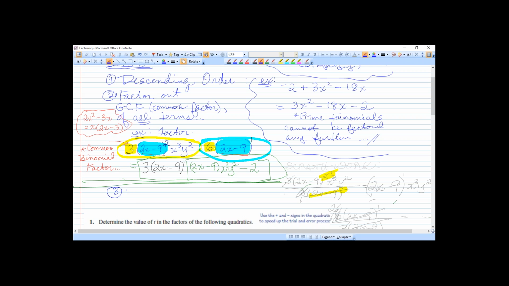But thirdly, if the leading coefficient is negative, if it's a negative value you have in the front of your polynomial, you want to factor out a negative 1, if you will.